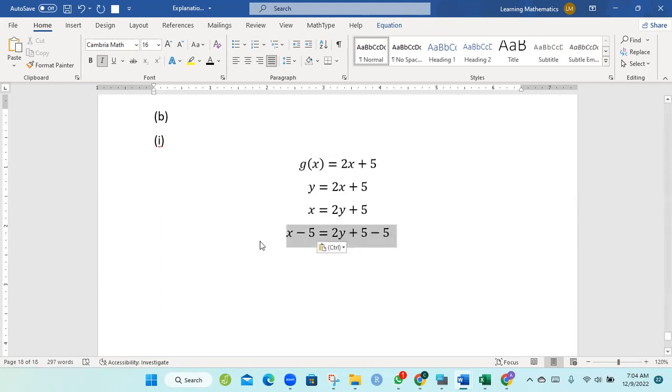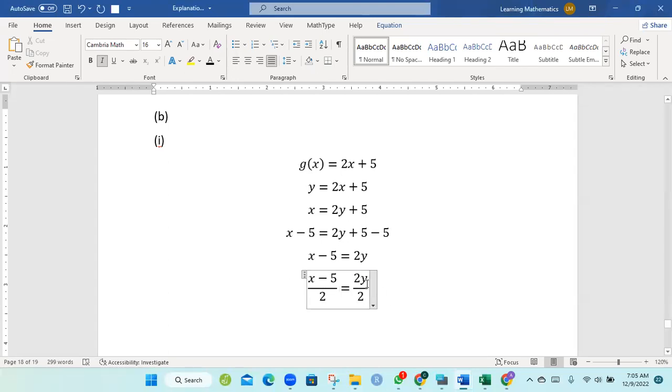We cancel out 5 from the right side, and then we have x minus 5 is equal to 2y. We are making y the subject of the function, so we have to divide by 2 to cancel out 2. If we divide by 2 on the right, we have to divide by 2 on the left.